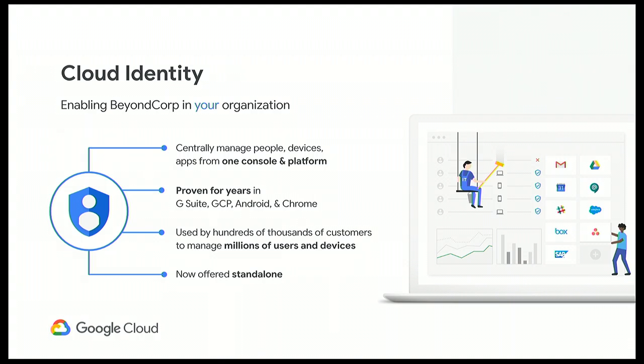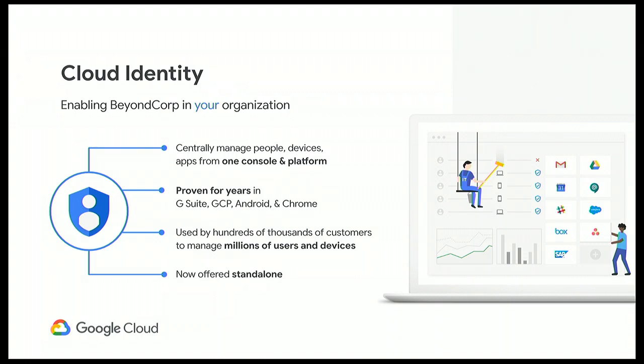How many of you have heard about the BeyondCorp security model? We have about 30% of the room. So I won't go very deep into BeyondCorp because it would take the entire session, but I wanted to give you a quick one-minute intro. BeyondCorp is the next generation security model that Google conceived a few years ago. There are two key tenets.